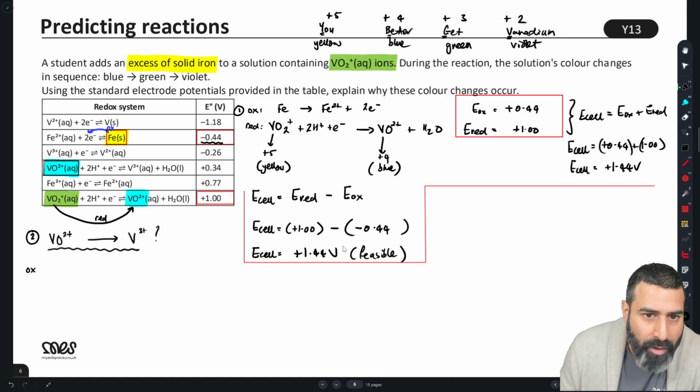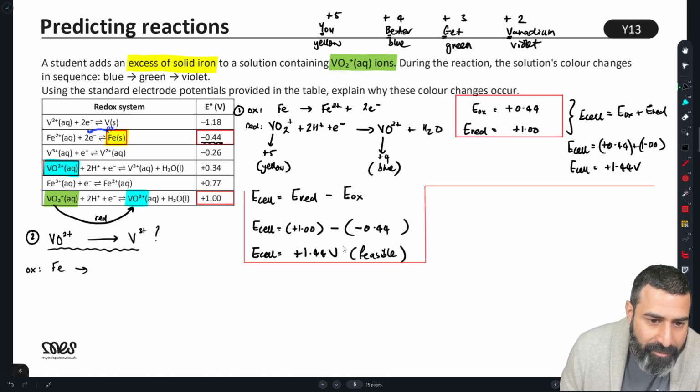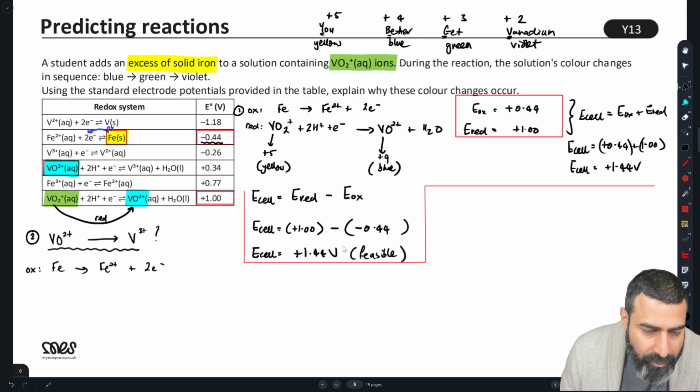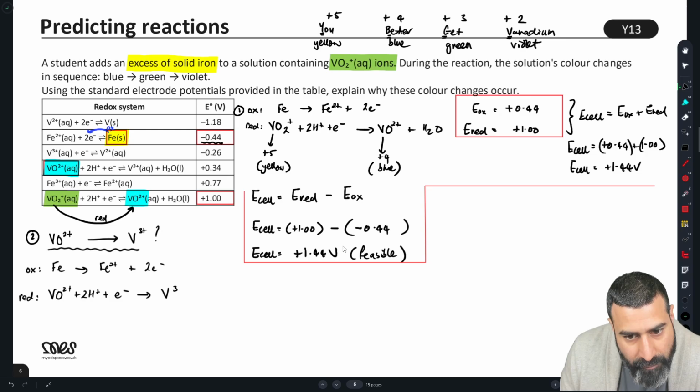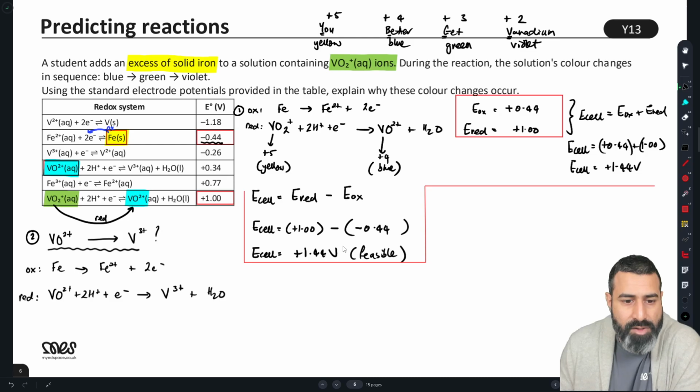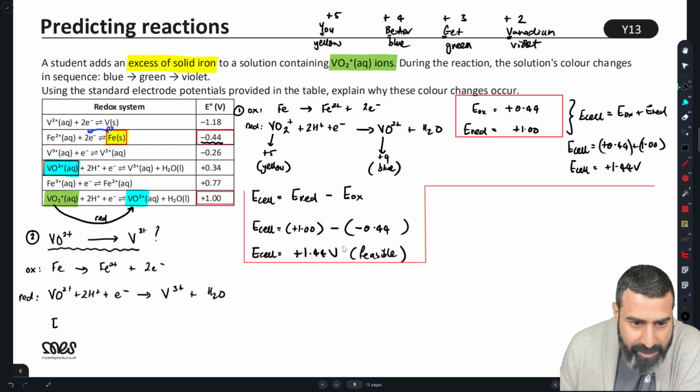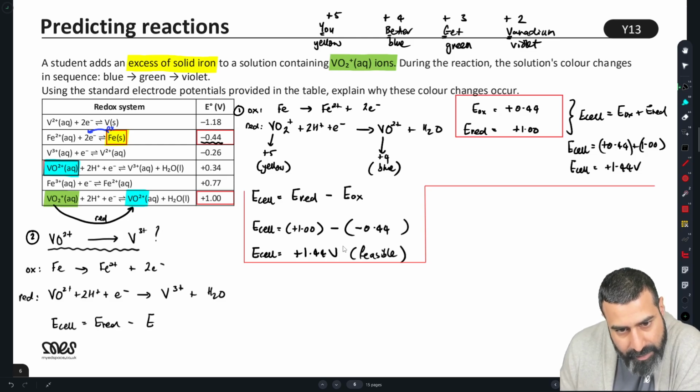So the oxidation is still going to be Fe to Fe2 plus plus 2 electrons. And the reduction this time potentially could be VO2 plus plus 2 protons plus an electron goes to V3 plus plus H2O. Okay, so let's see if that's feasible. E cell is equal to E red minus E ox.